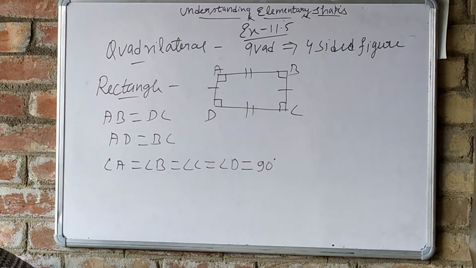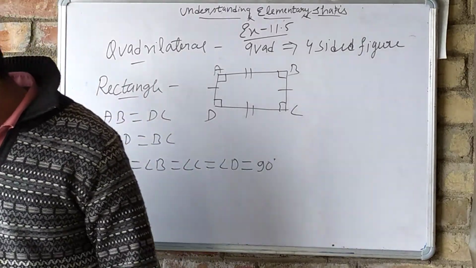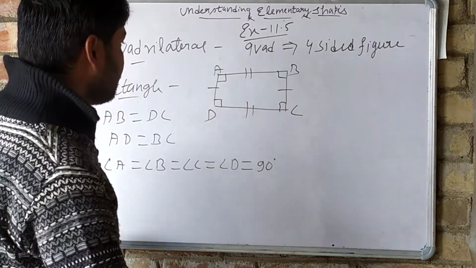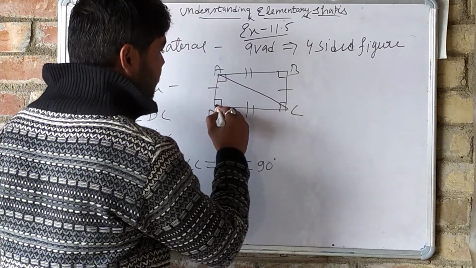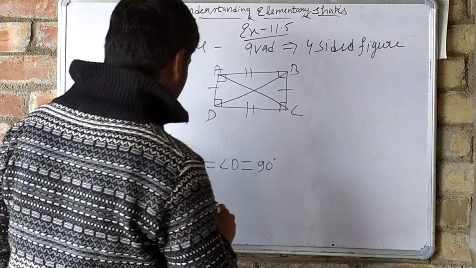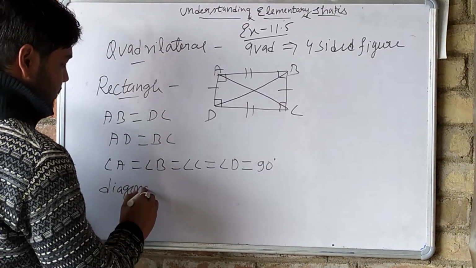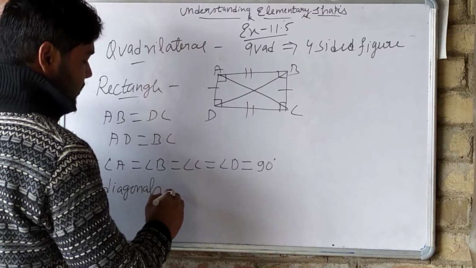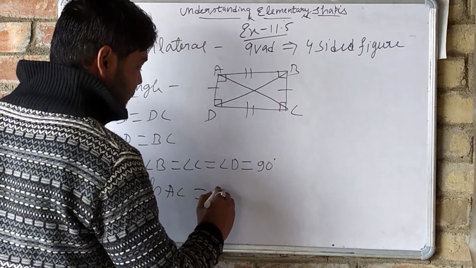The diagonals of a rectangle are equal. Diagonal AC will be equal to BD.